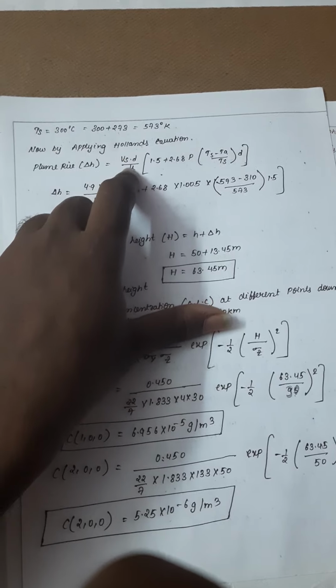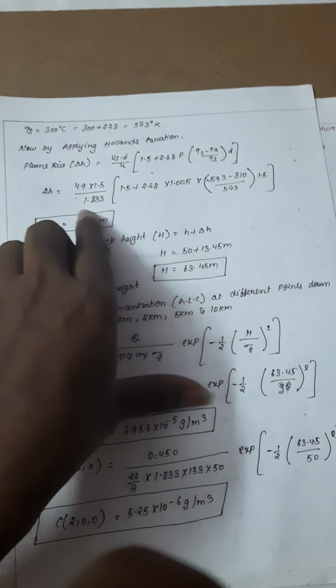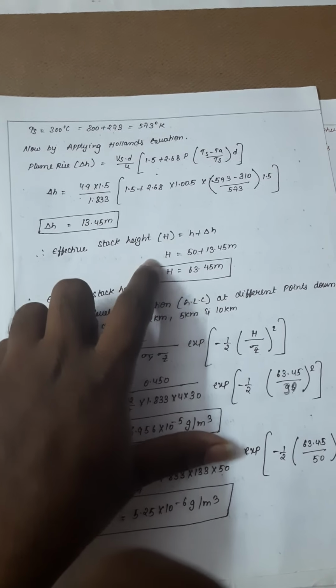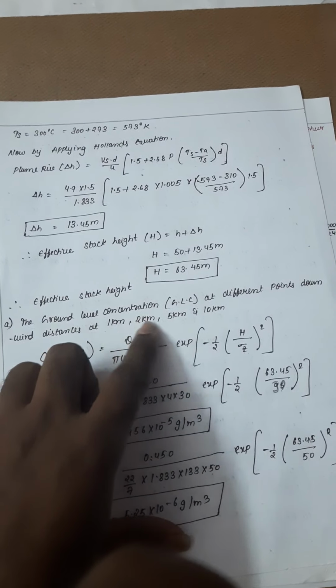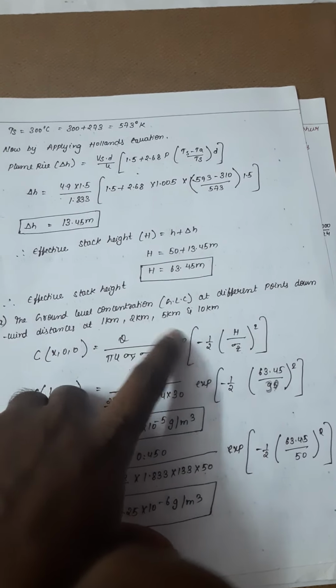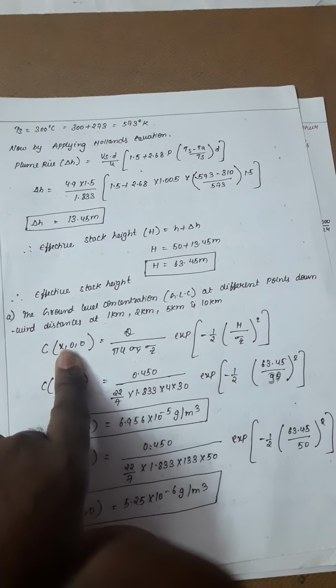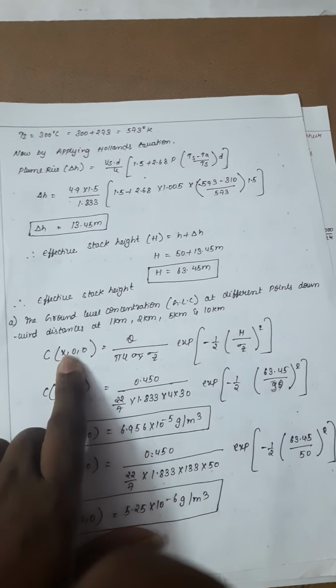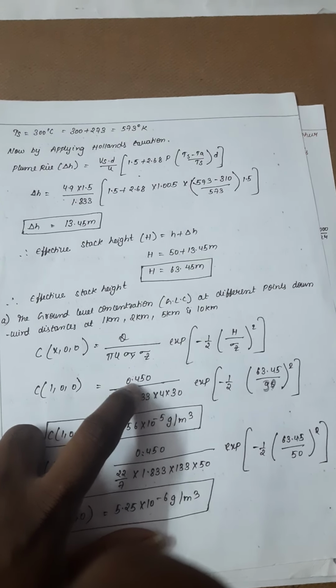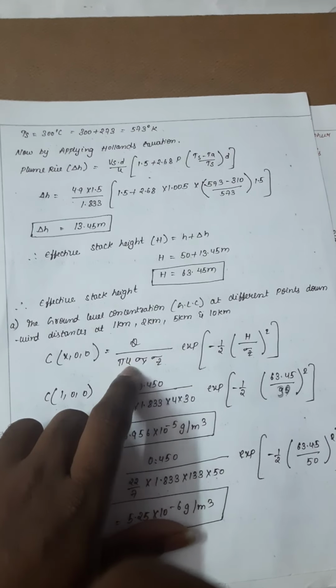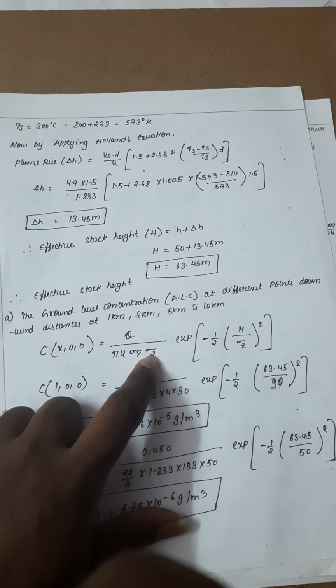Now applying Holland's same formula, we will find the plume rise, then after we will find the stack height, that is 63. Now ground level concentrations at 1, 2, 5, 10. The same formula we solved in the first problem. For 1 kilometer they asked. The values they didn't give are sigma y and sigma z.